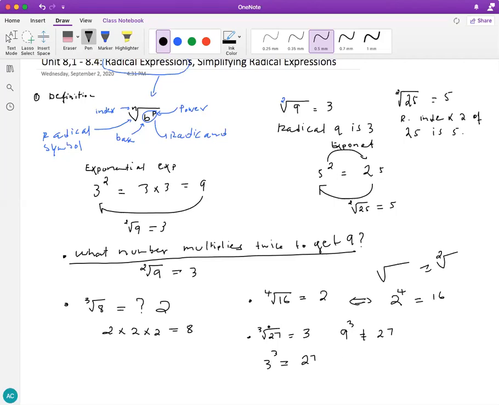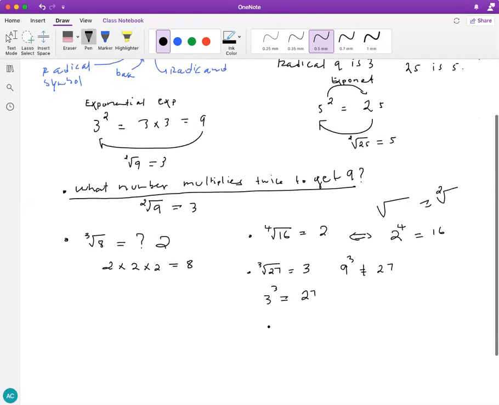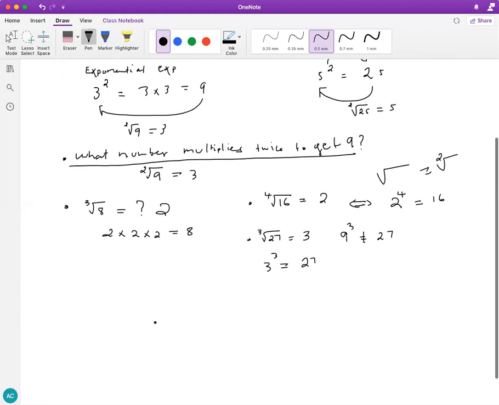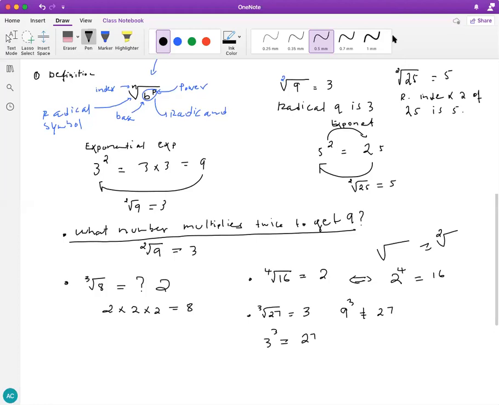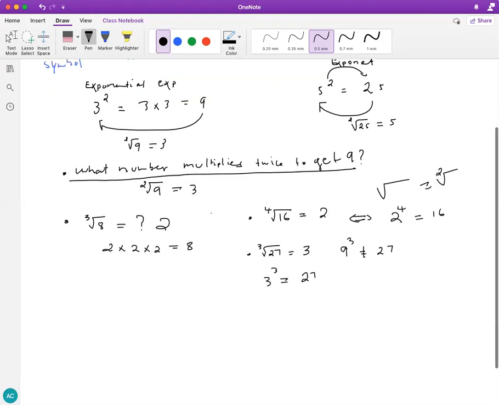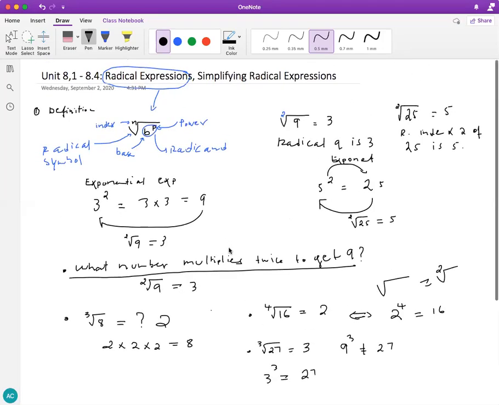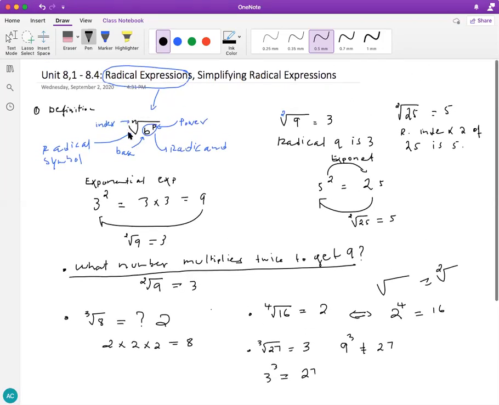Okay, so again, we can switch back and forth between any radicals. We can turn any radical expression into exponential form and vice versa. So let's go back to this original form or notation.